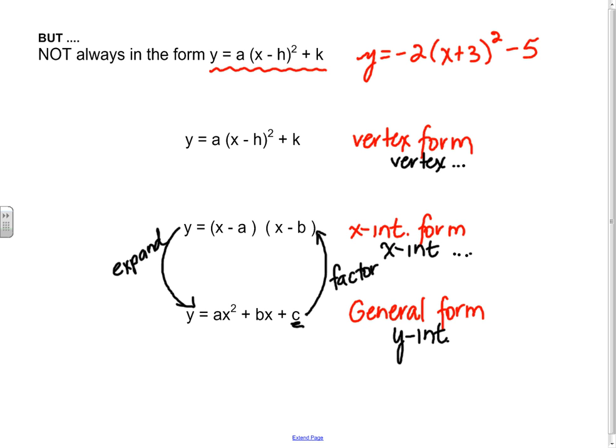Then it gets tricky. To go from vertex form to general form, we would also expand, just being very careful. To go from general form to vertex form, we are going to complete the square.